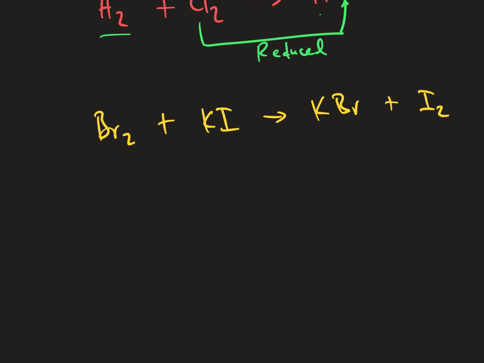Bromine has an oxidation number of 0. Potassium iodide has +1 for potassium and a -1 for the iodine. This is an ionic compound, so we just use the charge. Same thing over here. This is +1, and this is -1. And what's iodine? 0.